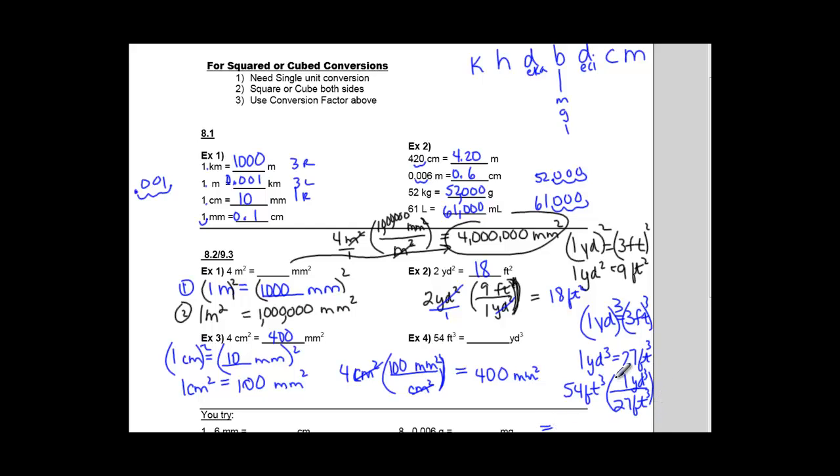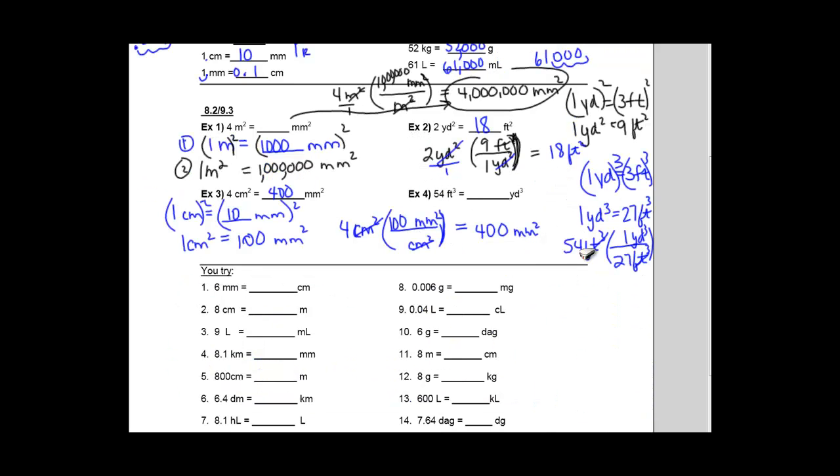And now when I multiply, the cubic feet will cancel out, so I'm left with 54 cubic yards over 27, and these feet had canceled out, so that would be equal to 2 cubic yards.